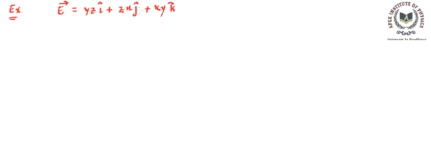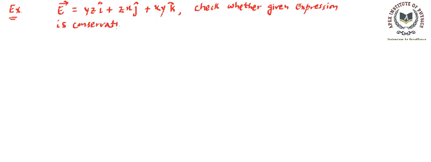This is the given field, and it is being asked to check whether the given E, or given expression, is conservative, or represents a conservative field. So I'm writing: is conservative. You can pause this video and solve it, and then watch the solution.